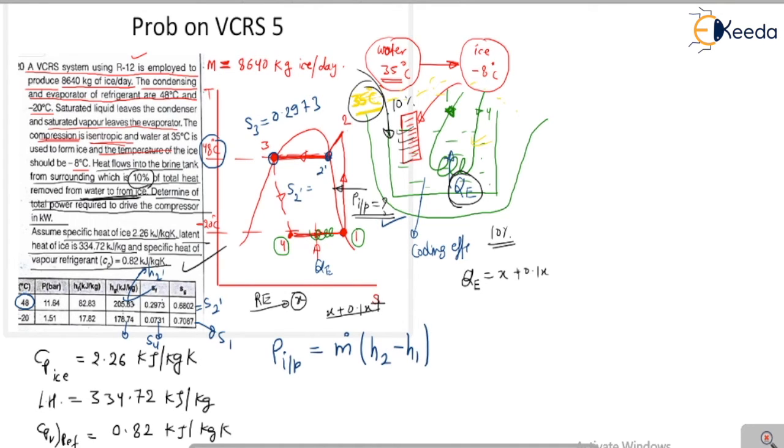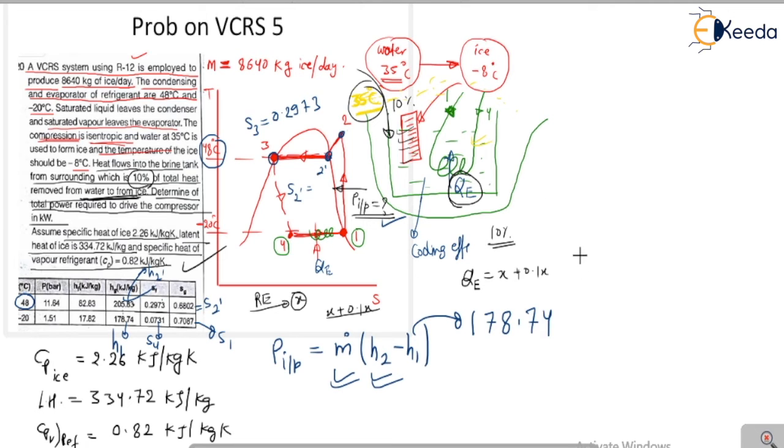As per the question, only the value of H1 is given by the examiner, and the value of H1 is nothing but 178.74. Here the mass flow rate and H2 are not given.